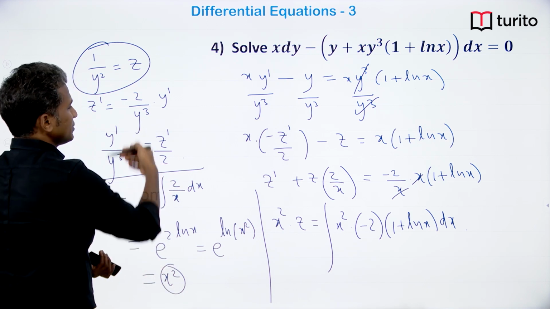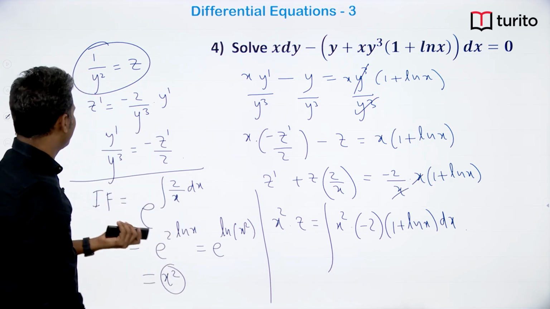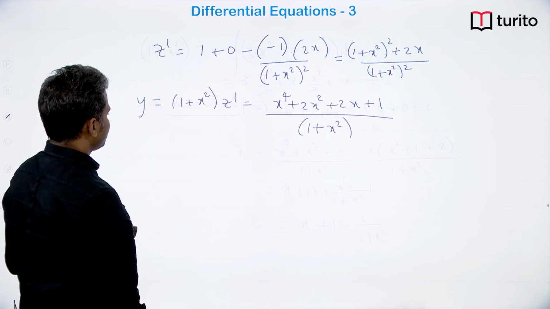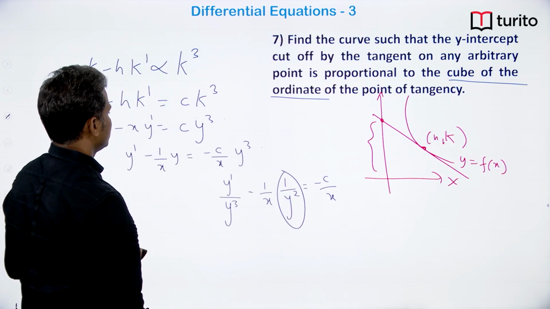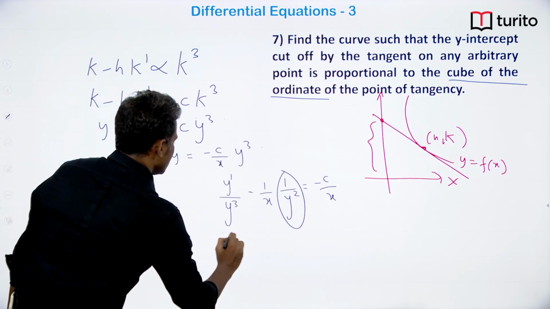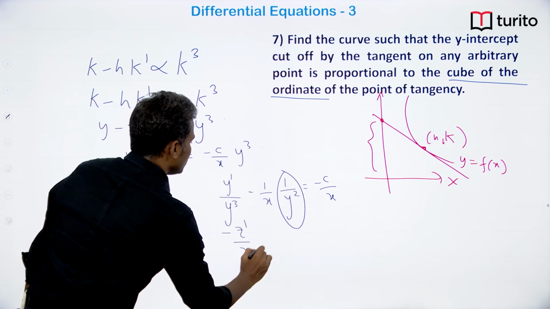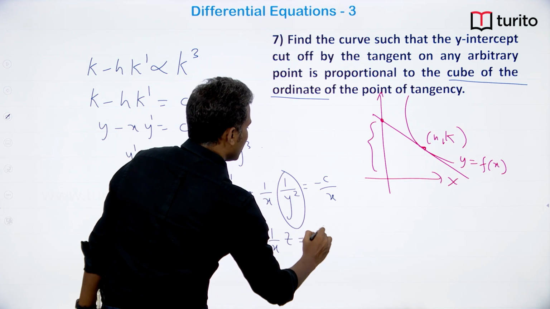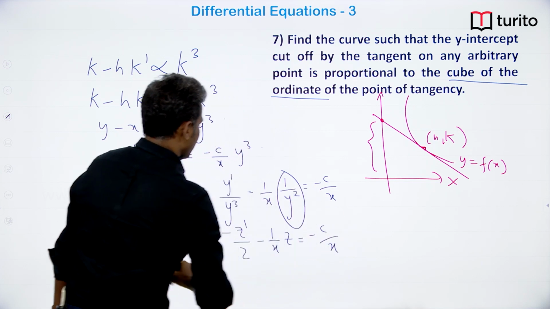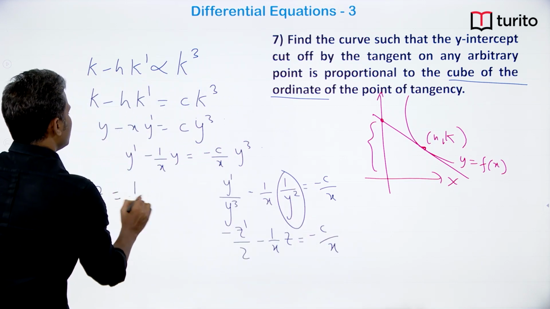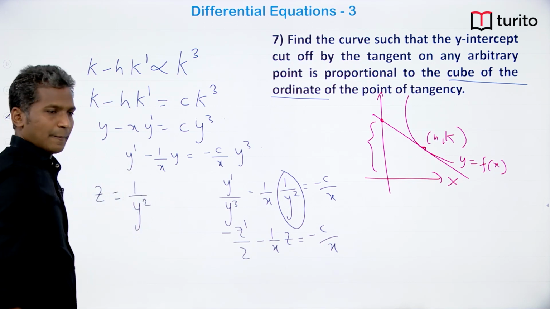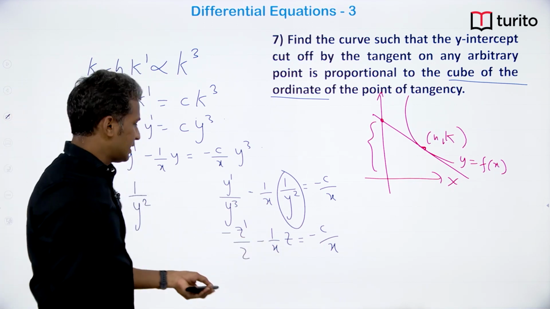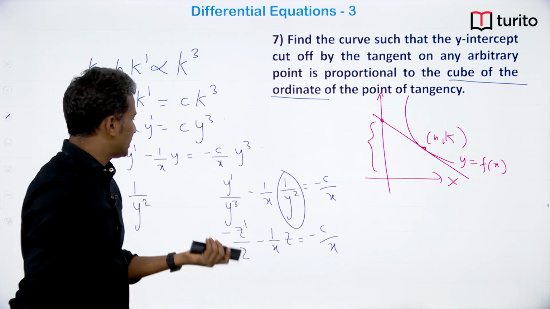Let me just use these results to save time. So this is minus z dash by 2 minus 1 by x into z is equal to minus c by x, and what is our z? z is basically 1 by y square. Now let's simplify this and convert this into the standard form.